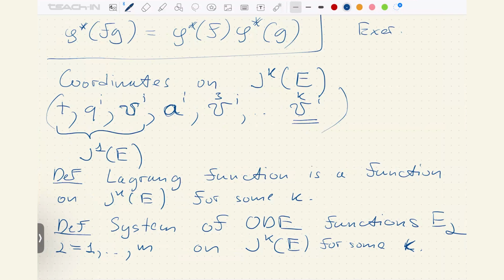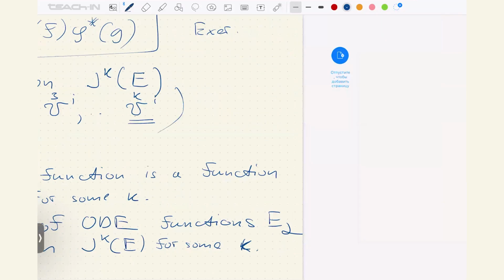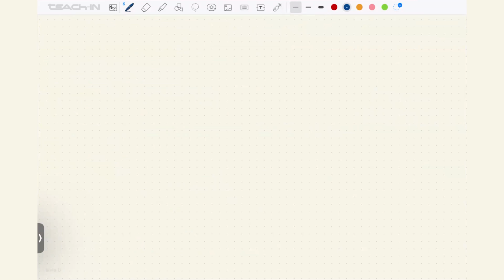Of course, once we want to study solutions, we will really need to speak about infinite dimensional space of sections of our bundles. Okay, but before this, we need a very important structure, because this jet bundle is a very special thing. So first of all, there is a concept of prolongation.